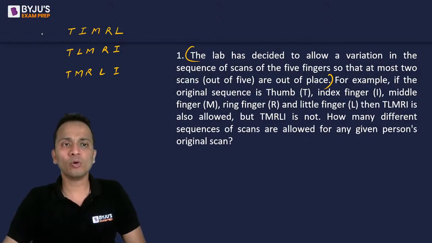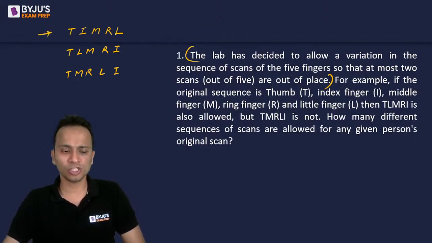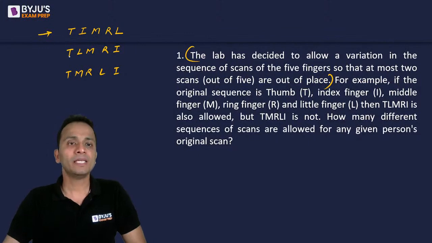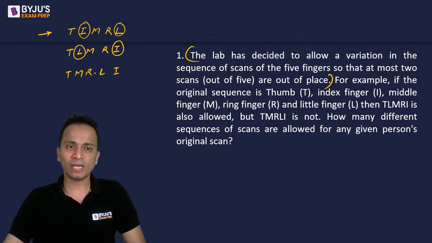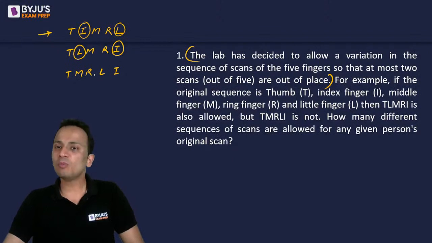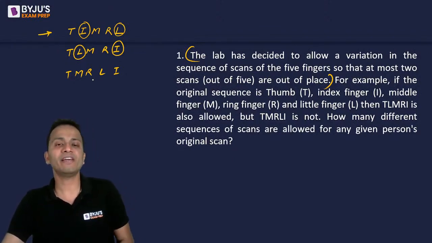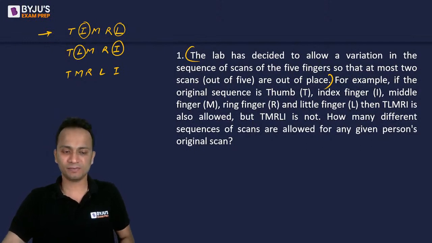So अगर original TIMRL है, if this is the original scan order, then TLMRI, so basically इन दोनों को interchange कर दिया. So कोई भी 2 interchange हो सकते हैं. ठीक है, so likewise, how many different sequences are allowed for any given person's original scan?